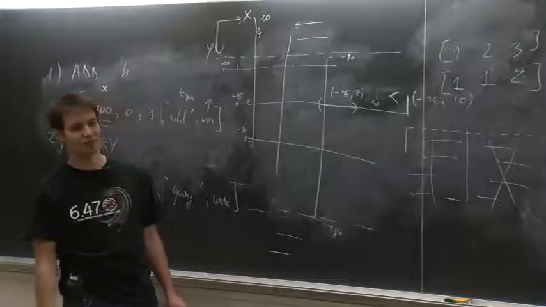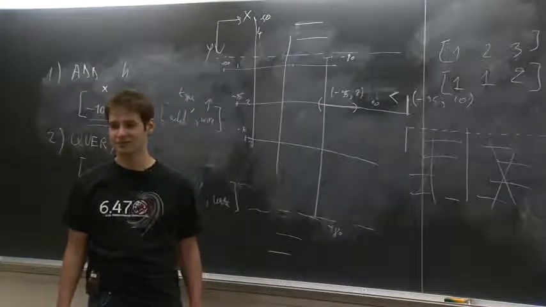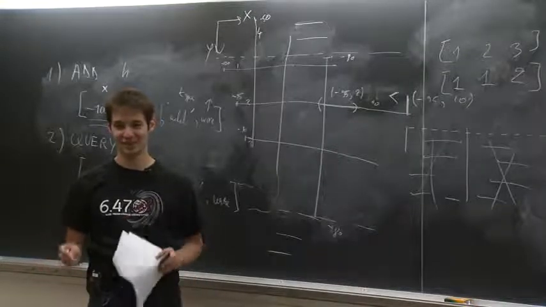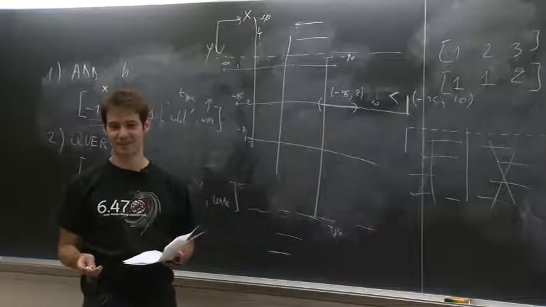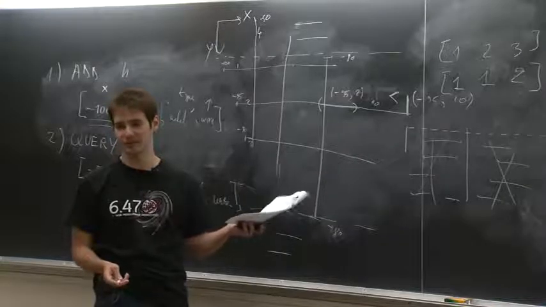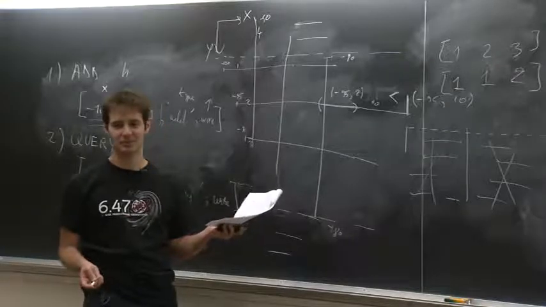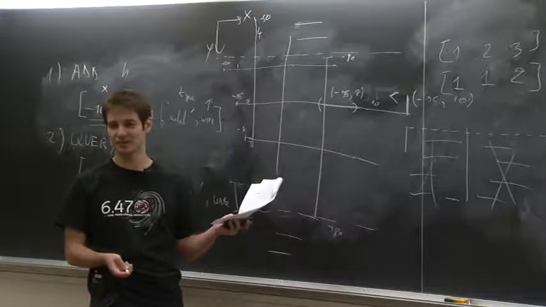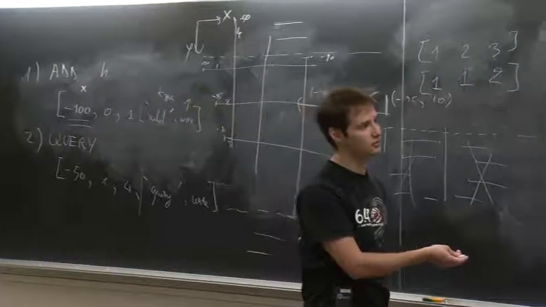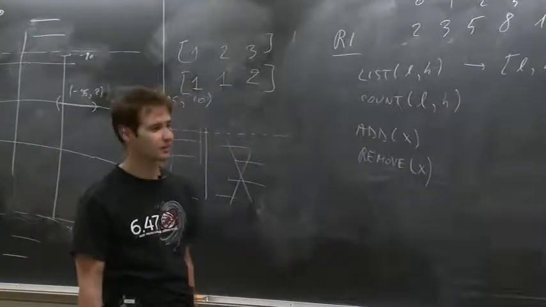Wire IDs are unique. Every wire has its own wire ID. Wires will never have the same wire ID. So the only case in which you have two equal keys in the index is if you insert the same wire twice. Would you ever want to do that? Probably not. You're going to get the same wire twice from the range query, and that's not useful. So when implementing a data structure for the range index, we don't have to deal with equal keys, and that is nice because that's less thinking.